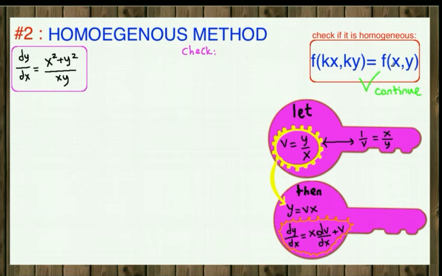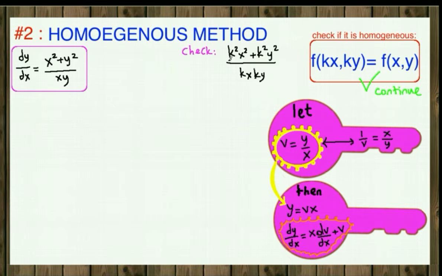So we will replace x with kx. So x squared will be k squared x squared, plus y squared will be k squared y squared, all over, instead of x, again, we're going to write kx, and instead of y, we're going to write ky.